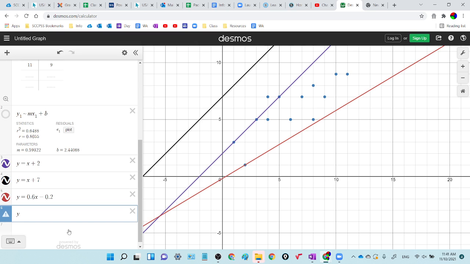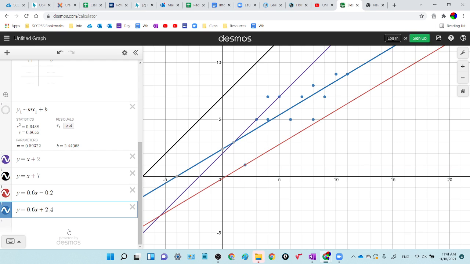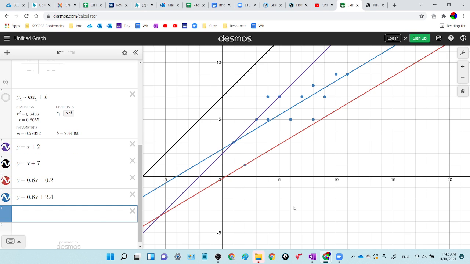And choice D is y equals 0.6x plus 2.4. Okay, so choices A, B, C, D are plotted here. Which one is the closest to this black line here? Okay, number 2. So this is the regression line, and we are choosing choice D as the best answer.